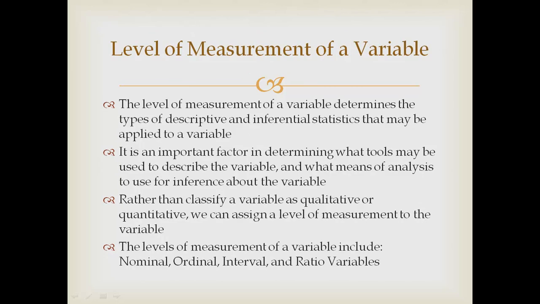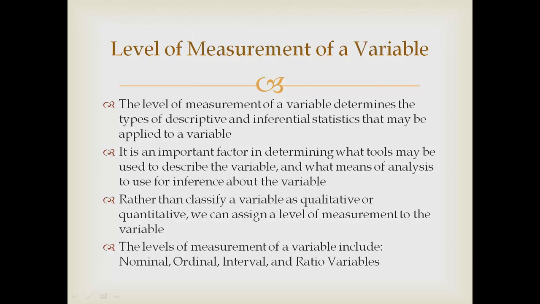Now, let's look at the level of measurement of a variable. Assuming we do not want to classify variables as qualitative or quantitative, or discrete or continuous, another way we can classify a variable is by assigning a level of measurement to the variable.